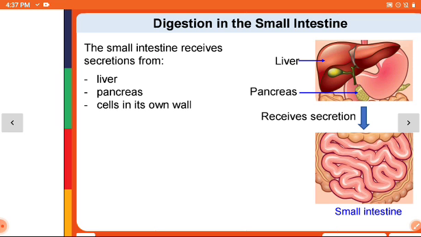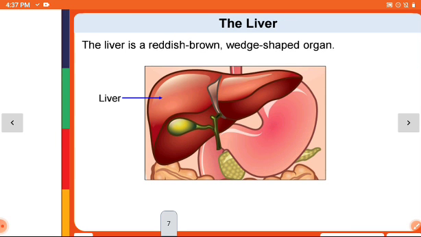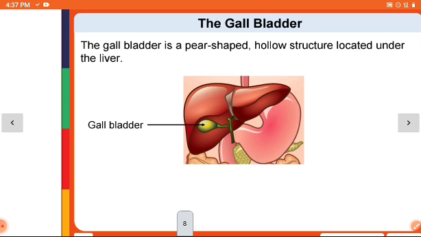These are the liver and pancreas. After secretion, it is transferred further into the small intestine. The liver is a reddish brown, wedge-shaped organ. The gallbladder is a pear-shaped hollow structure located under the liver, represented by this circle.